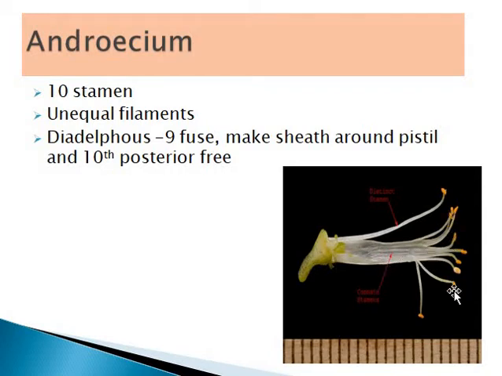At the top they are also free, but their filaments are connected from here. So this condition is known as diadelphous. This is another key character of this family: 10 stamens, 9 of them fused, and the 10th one free.